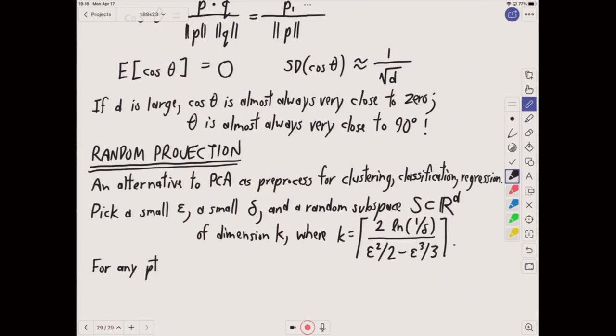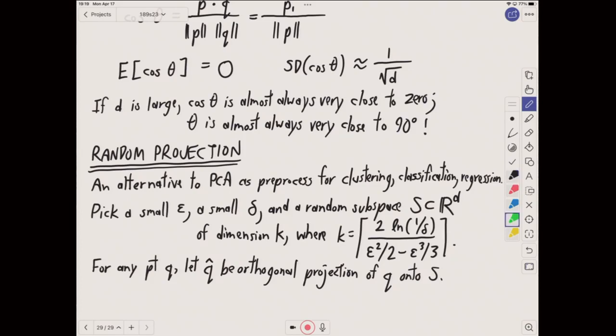So given any point Q, I will use Q with a hat on it to denote the orthogonal projection of Q onto S. But we're going to do a little scaling.